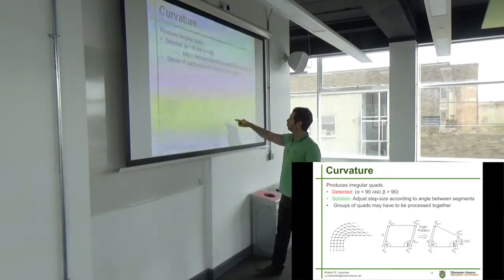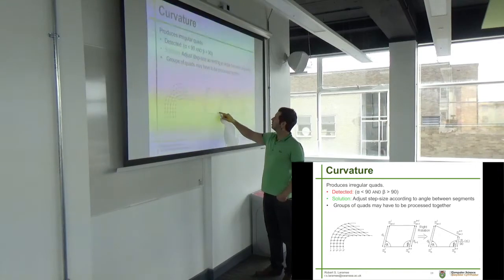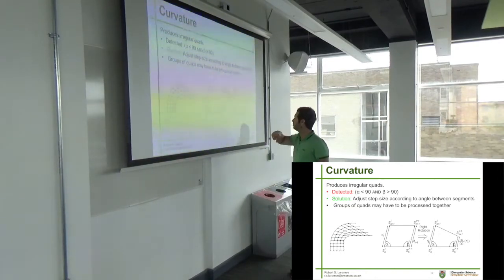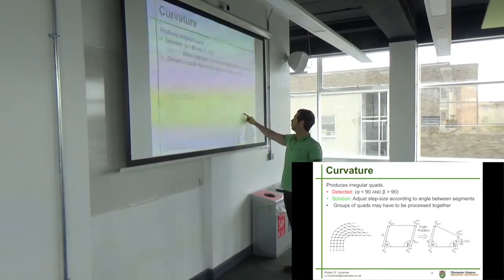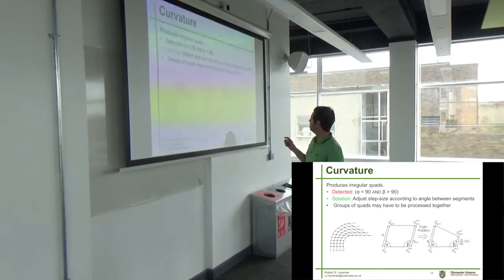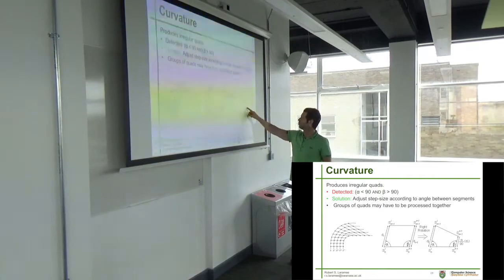And then we reintegrate this streamline segment by a shorter distance, which is alpha divided by 90 degrees. So that is a heuristic. The alpha by 90 degrees is a heuristic.